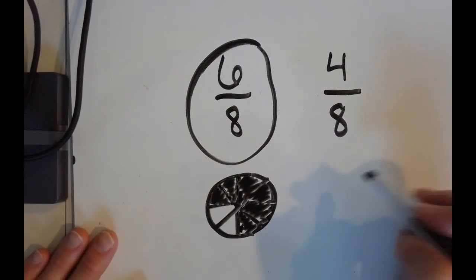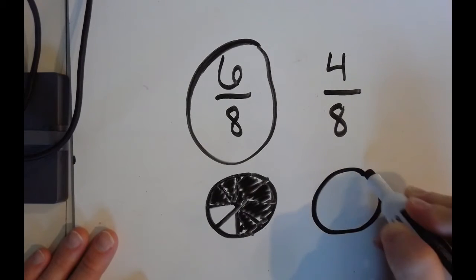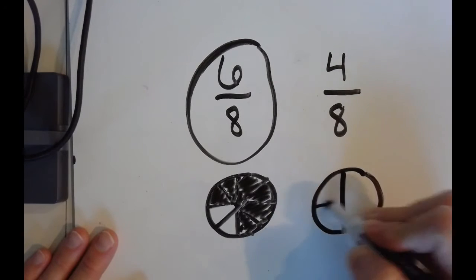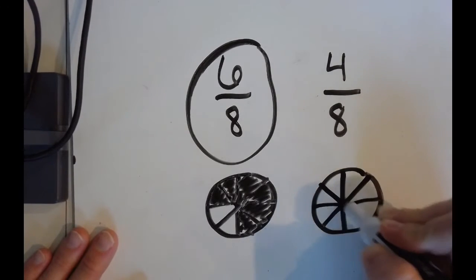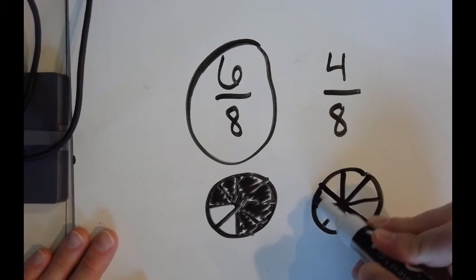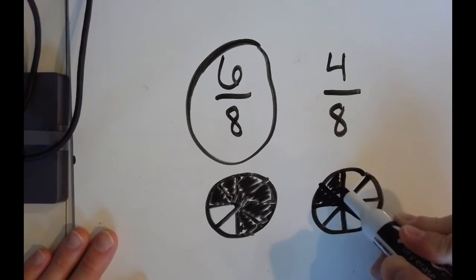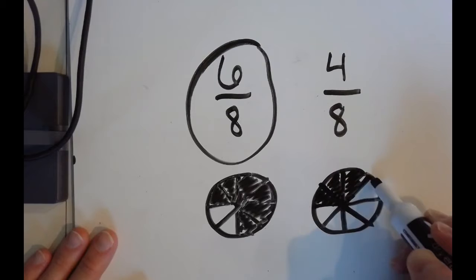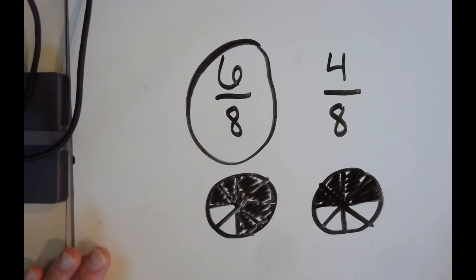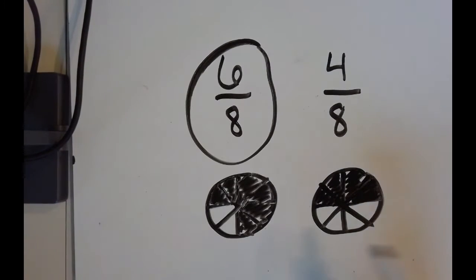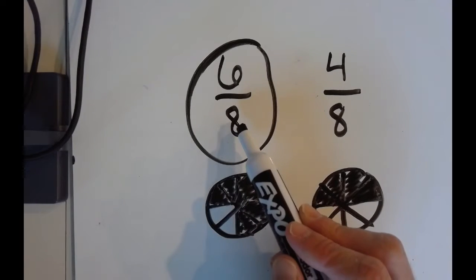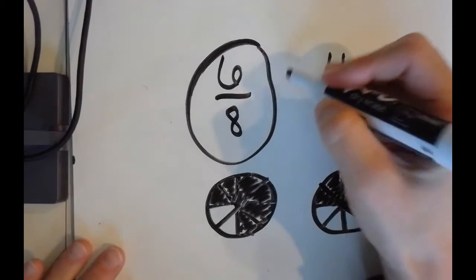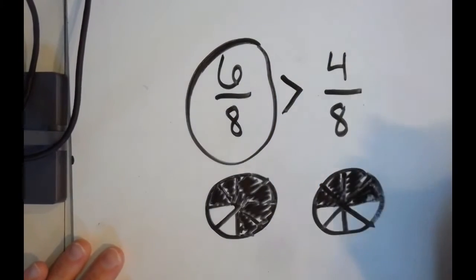In this pie, it's also cut into 8s, but this time, only 4 of those pieces have been eaten. And visually, you can see that less of this pie has been eaten than this pie. So this fraction is greater than this fraction. 6/8 is greater than 4/8.